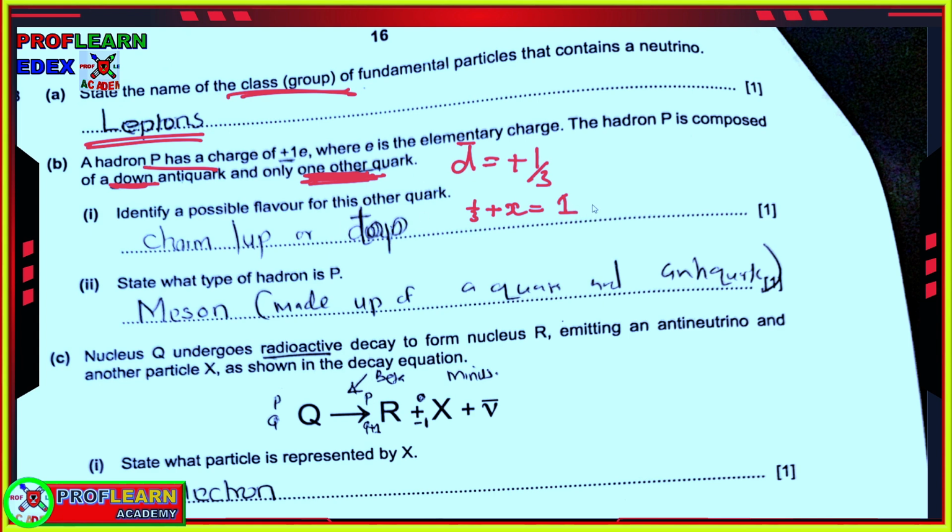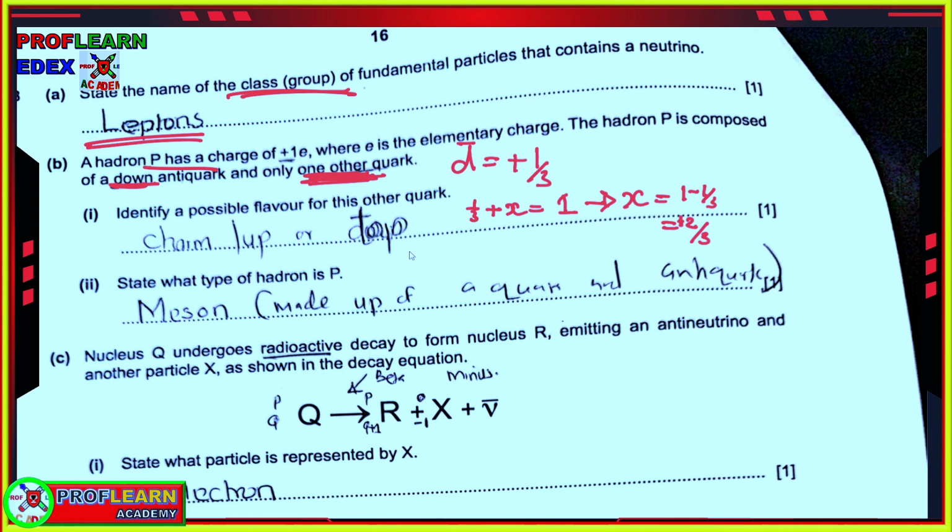So meaning that this is going to be what? Implying that our x is going to be 1 minus 1 over 3, which means this is going to be, rather, positive 2 over 3. So a particle that has positive 2 over 3, that particle is known as what?